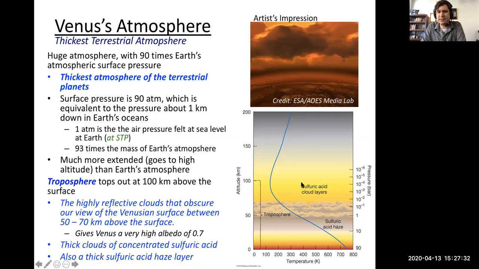So 70% of the sunlight that comes in hits these clouds and reflects back, and only 30% will go into the planet. So it has a very high albedo of 0.7, which allows it to be so bright in the sky. It's very close. It's a pretty big planet, the second biggest terrestrial planet, and it's very reflective with an albedo of 0.7.